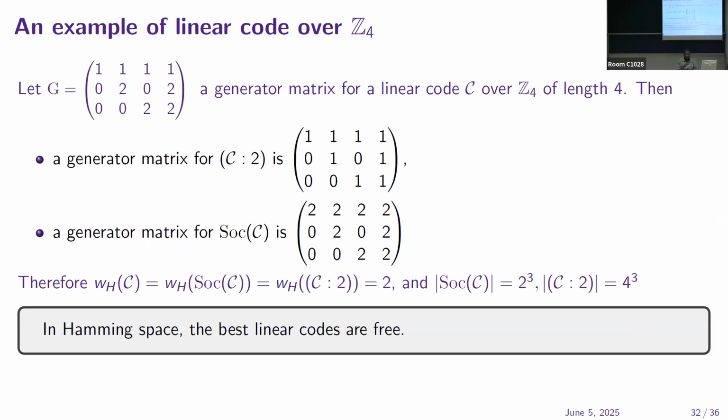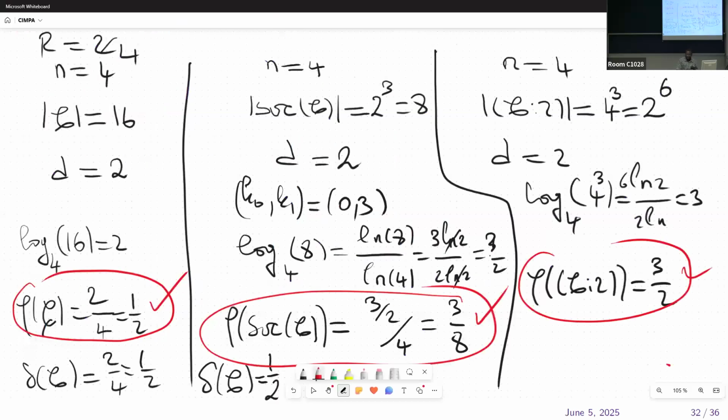When you use Hamming distance, it is better to use the free code to construct the optimal linear code. In this case, the quotient code that is free is optimal with respect to the linear code C and the circle of code C.